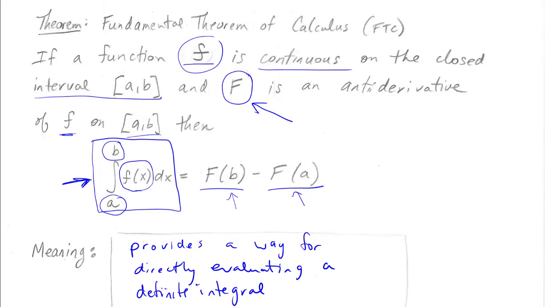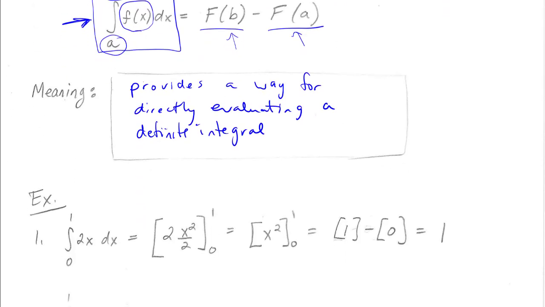Now, that makes it sound very, very nice. It is nice. The difficulty is often in finding that antiderivative. But let's see how it would work in some nice cases and what kind of notation we use.